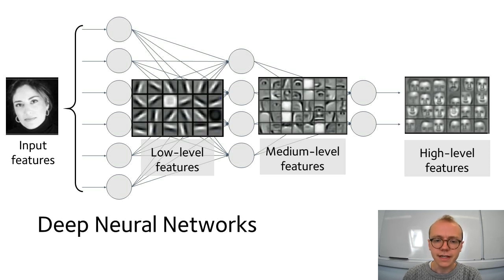And then the hope is that these low-level features are learnt to be composed into medium-level features such as eye detectors or nose detectors, and that these in turn are combined to give the high-level features associated with the outputs. In this way, deep neural networks are intended to learn a hierarchy of useful features from low-level to high-level, and so these don't have to be coded by hand.